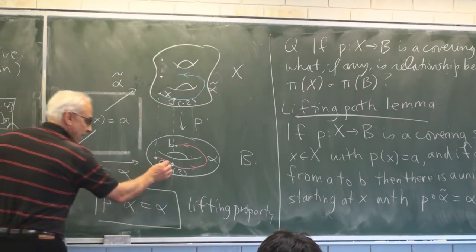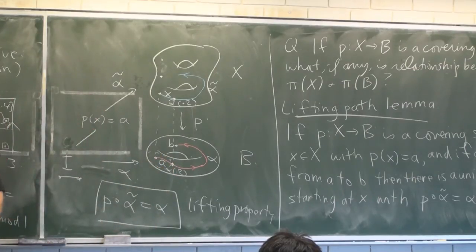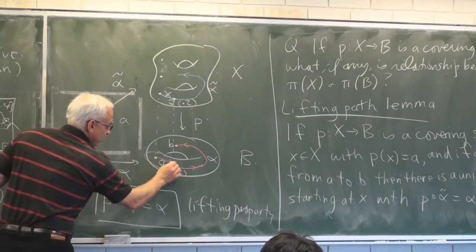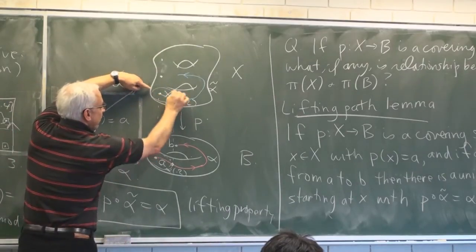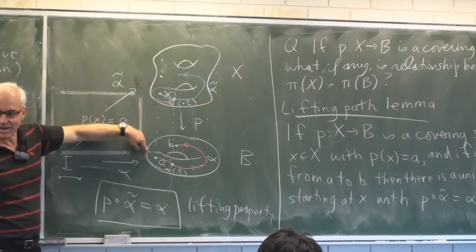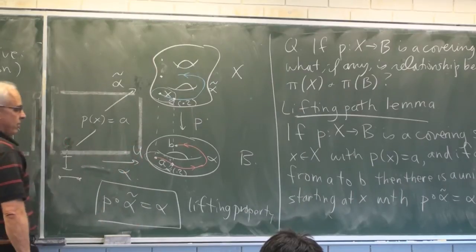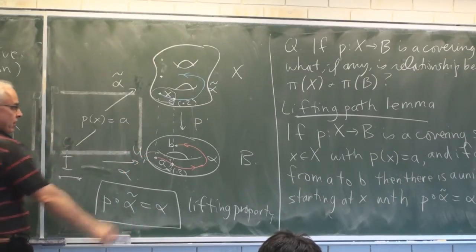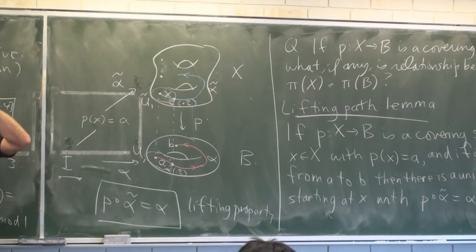So let's take a little neighborhood of A, and look at the inverse image of that neighborhood, which is containing x. So there's some little neighborhood of x, which is exactly a copy of this little neighborhood of A. So maybe we'll call this neighborhood U, or maybe U1, because there will be more of them. And this is U1 tilde. It's just an isomorphic copy of the neighborhood upstairs around x.